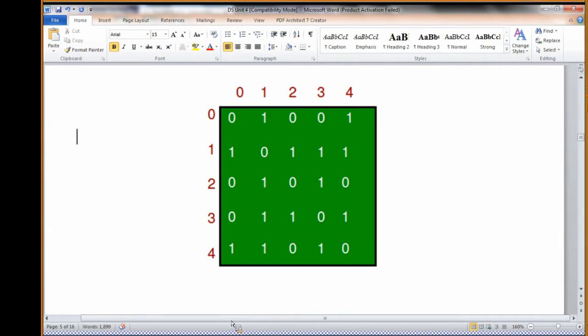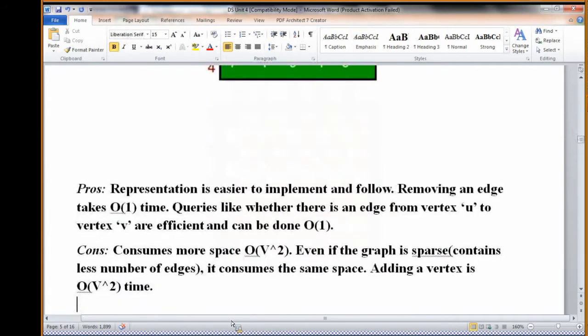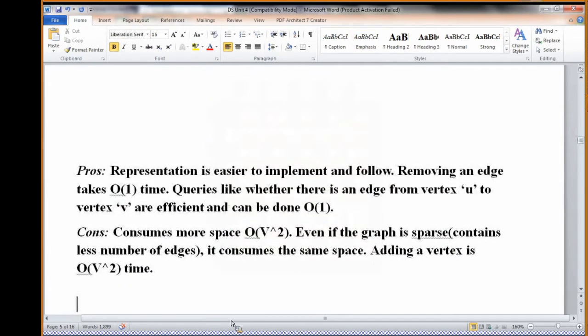So that's the main advantage: the representation is very easy to implement and follow. Removing an edge takes order of 1 time, and queries like whether there is an edge from vertex u to vertex v are efficient and can be done in order of 1. So to find whether the edge is there between these two vertices or not, these are all very simple, and the time complexity will be order of 1.